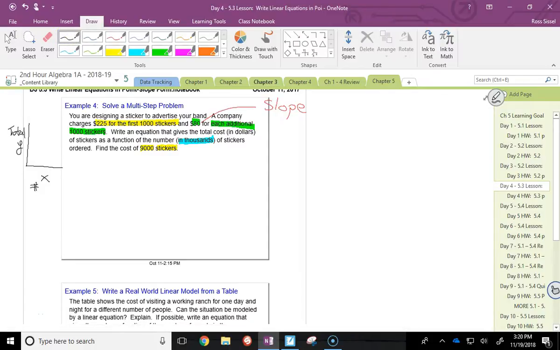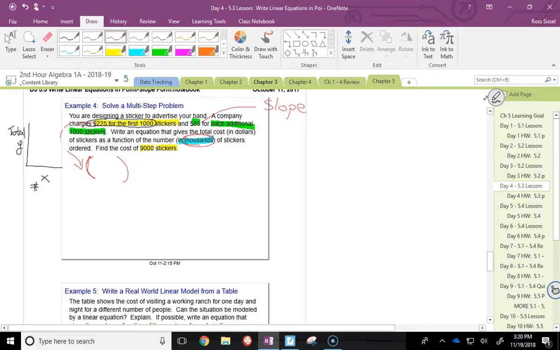Because $225 are for the first 1,000, and because my answer is in thousands, I can simplify this. I don't have to write 225 and 1,000. Instead, this coordinate, my first one, my x coordinate is going to be how many thousands of stickers did I have?